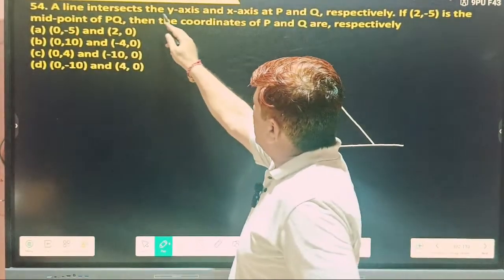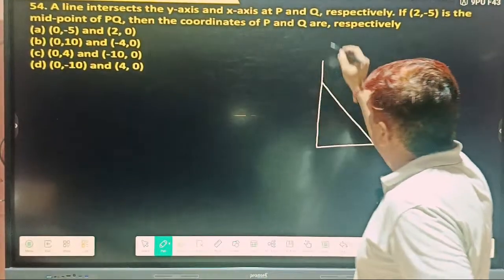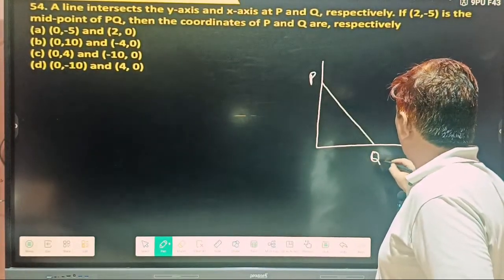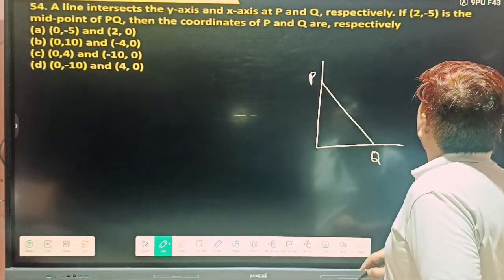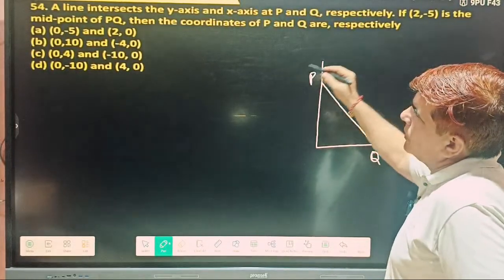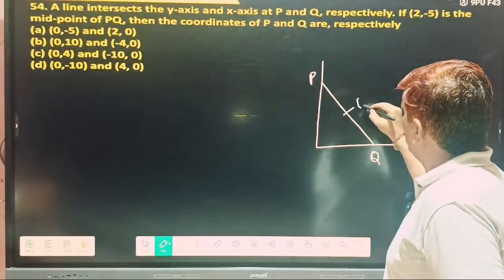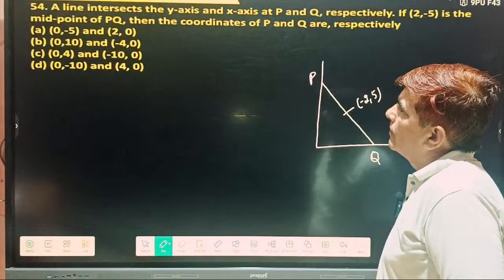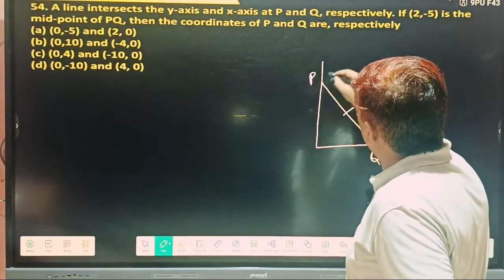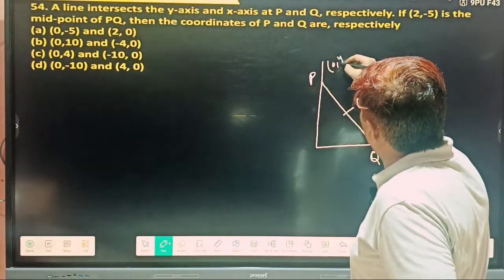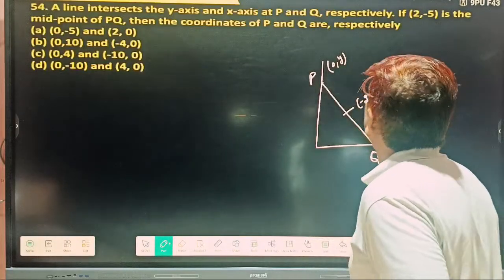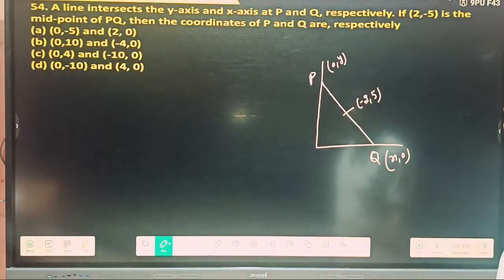This is point P, this is point Q. If minus 2 and 5 is the midpoint of this, what's given? What are the coordinates here? 0 and y. What are the coordinates here? X and 0. Then the coordinates of P and Q, easily you can find out.